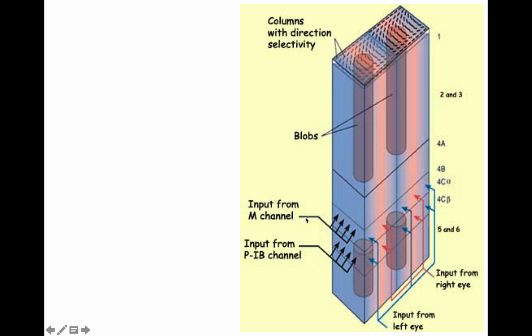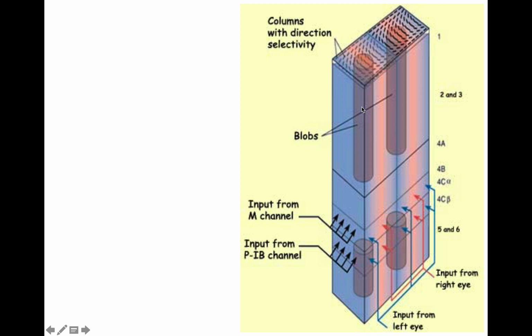This is another depiction of how these large modules within the visual cortex are organized. Input coming in from the left eye or input coming in from the right eye are being depicted in terms of colors of blue and red. And we can see how as we move up these different layers of the visual cortex, we have orientation sensitivity within a particular column, left eye versus right eye.